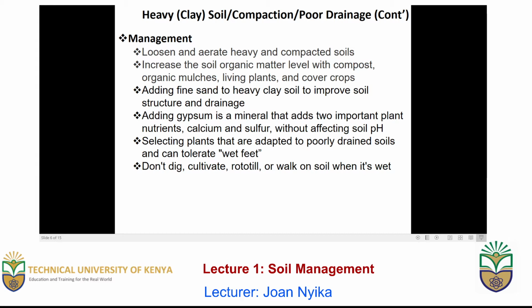Such examples are like the planting of cowpea, which has been known to break the compacted areas since it is deep rooted. Lastly, do not dig or rototill or walk when it is wet.